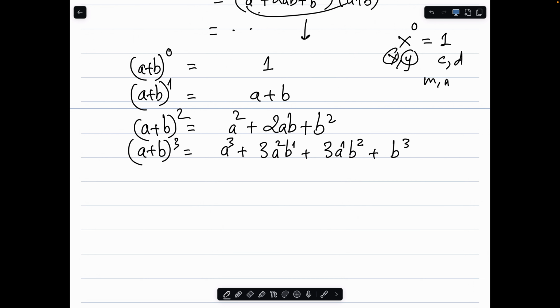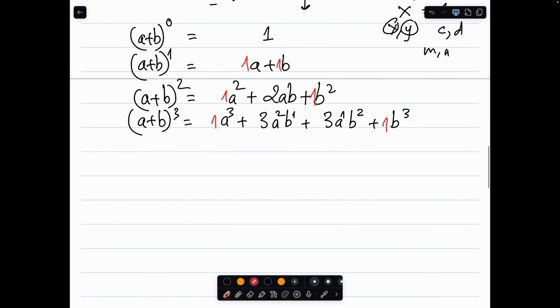That's why we write the coefficients here. a is 1a, b is 1b. And if you do this, you notice that we have 1, 1, 1. I just write down 1, 2, 1, and 1, 3, 3, 1.